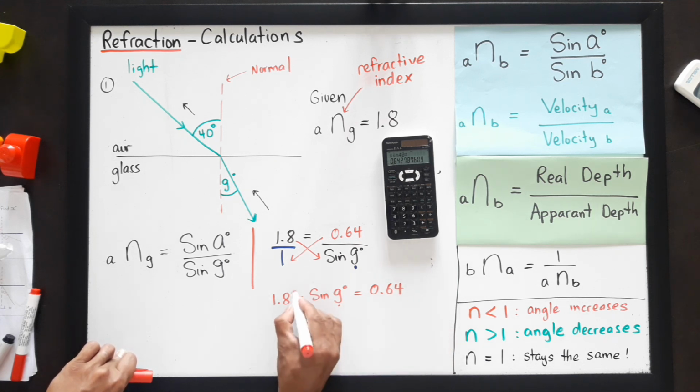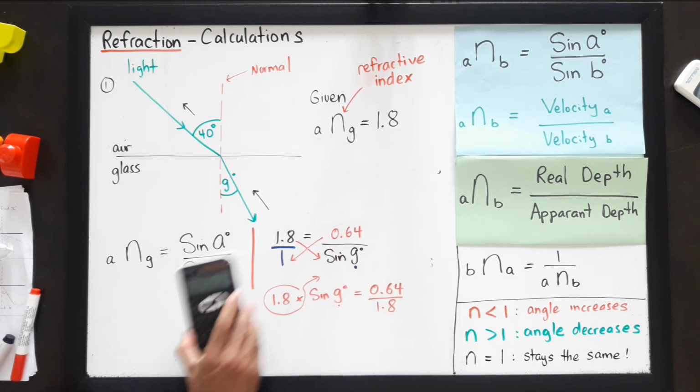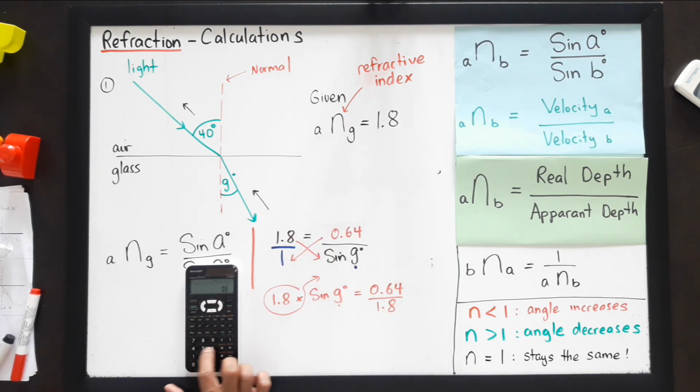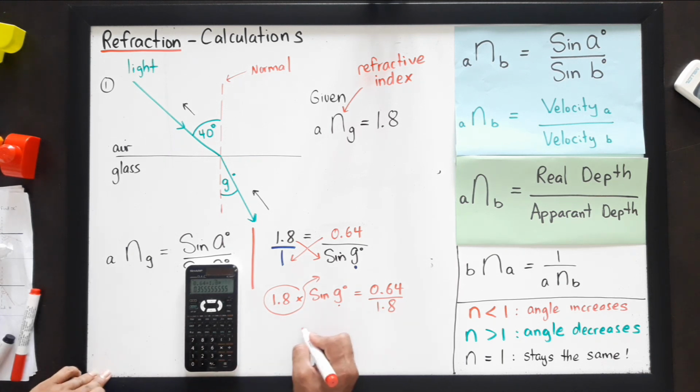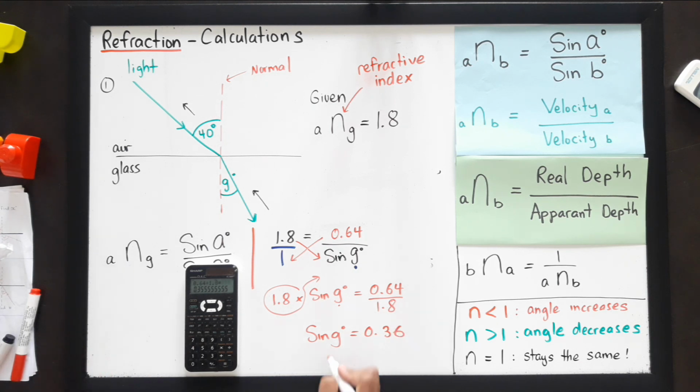Remember, we're solving for G. So throw across the multiply and we will get a divide. Let's divide that on our calculator: 0.64 divided by 1.8. So sine G, when you divide this, is 0.36.